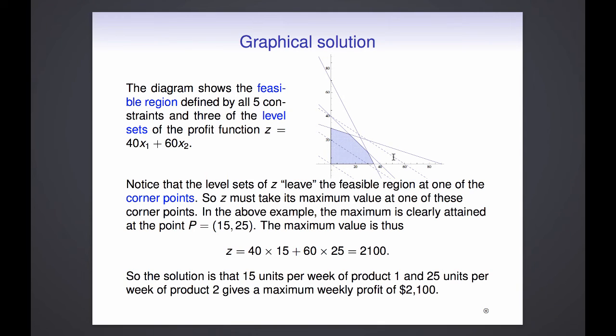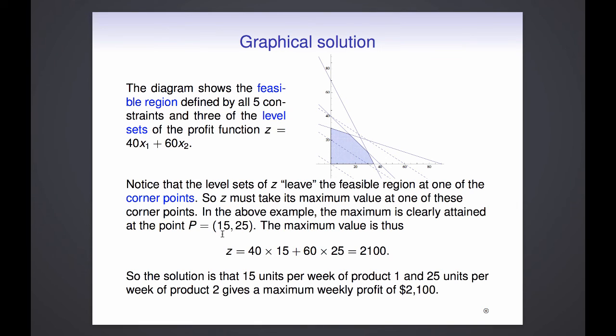This one way up here is the line z equals 2,400, but you see this line doesn't intersect the feasible region. What we want is the point on the feasible region which has the biggest z value. As the dotted lines sweep across the feasible region, this corner here will be the point which has the highest z value.